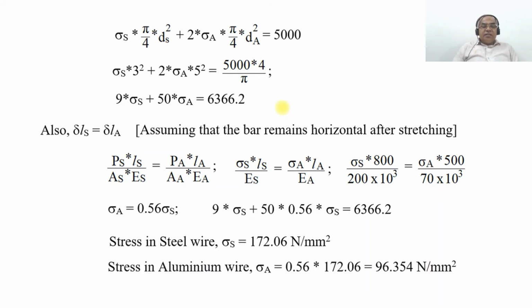Once you get that, the stress in the aluminum wire will be 0.56 into sigma S, which is 0.56 into 172.06. On simplification, you get 96.354 Newton per mm square.